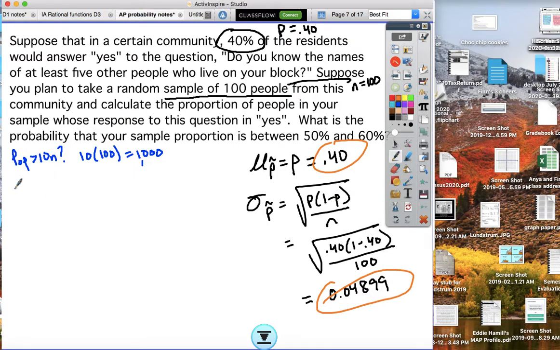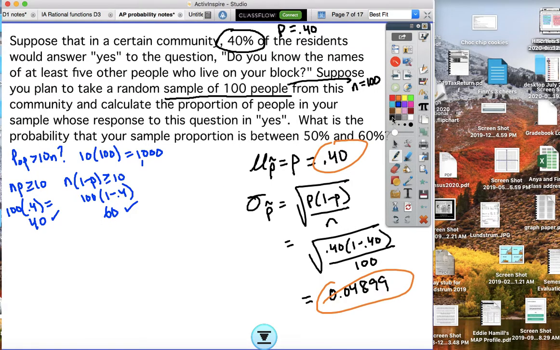And then we have to check if n times p is greater than 10 and if n times 1 minus p is greater than 10. So if you put those in, 100 times 0.4, because that was p, you're going to get 40. Yep, that works. And then over here, it'll be 100 times 1 minus 0.4, so you're going to get 60, and that works. So everything's good.